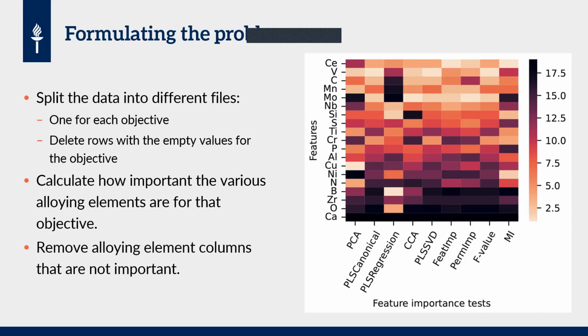And if phosphorus is important for one but not for the other, whatever value of phosphorus the optimizer decides to give, it can be sent to the objective that considers it important, but that value can be ignored for the other objective. So that is another way to have more overlap between all of these measurements of all of these objectives.